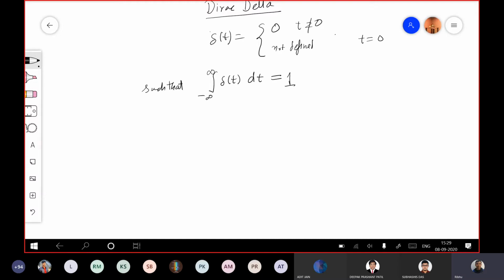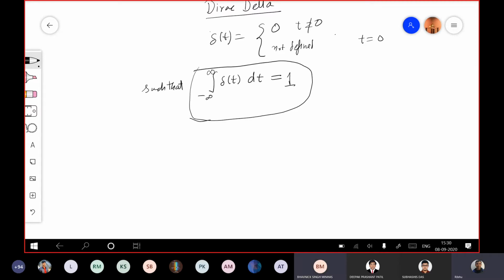Sir, why don't we take it as infinity at t equal to 0 instead of not defined? When you take it as infinity, the problem is that the integral will blow up. But it's for an instant, right?